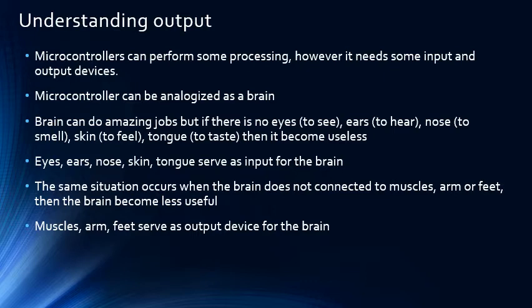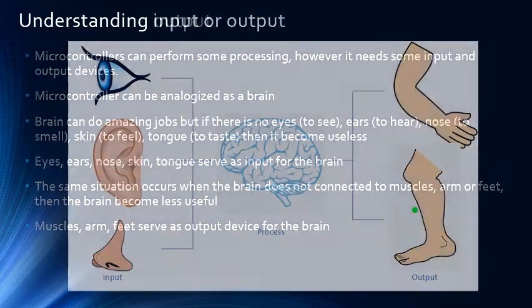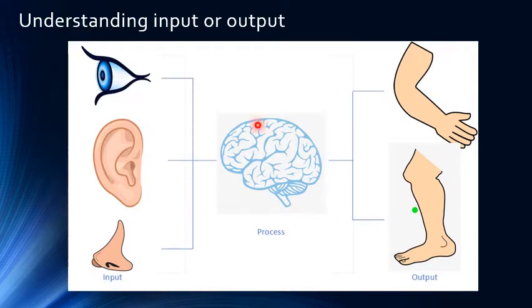So I just want to show you that microcontroller is just like this. This is brain. The brain needs some input for processing, and after it does some processing, then it should output something.